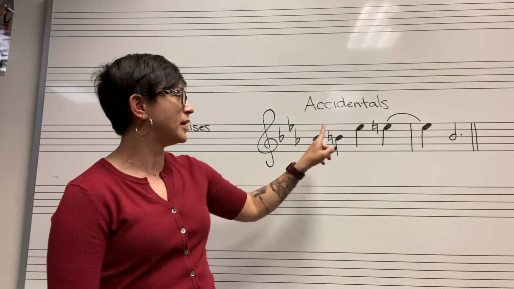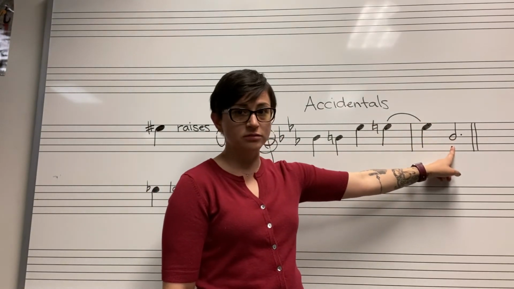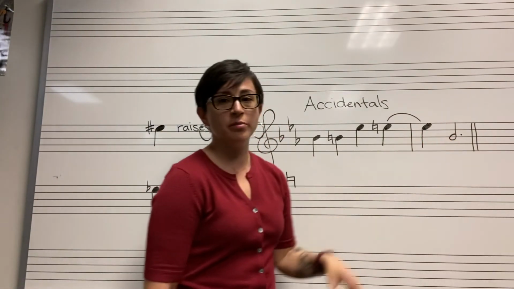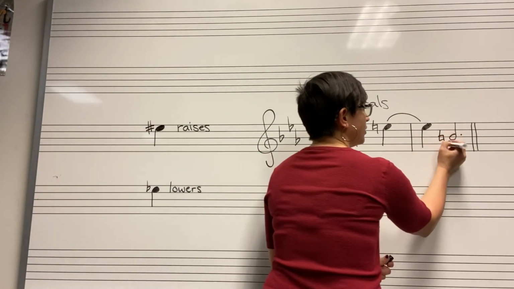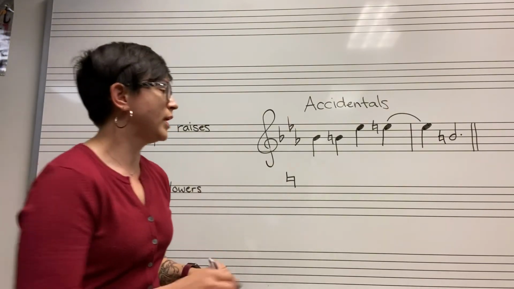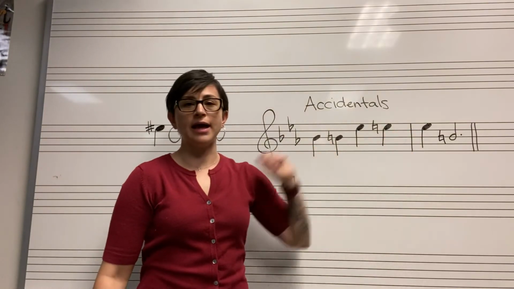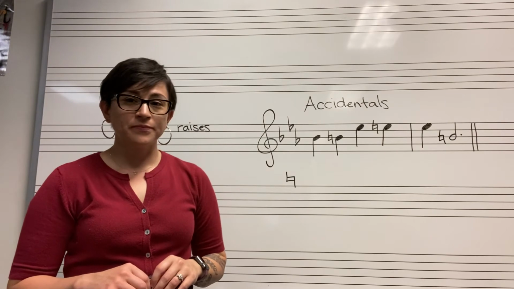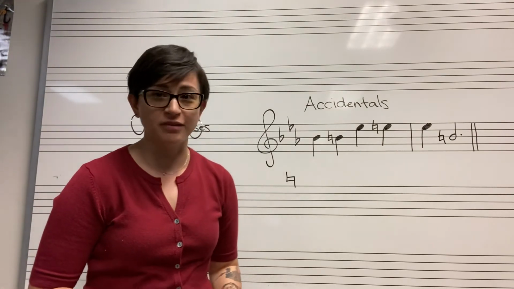You played B flat, B natural, E natural, tied over, and then B flat, okay? If they wanted this to be a B natural again, it would have to be indicated with the natural sign, with that accidental. What would happen if I took this tie away, but then did not add an accidental to that E? The bar line would reset the key signature and it would be played or sung as an E flat.